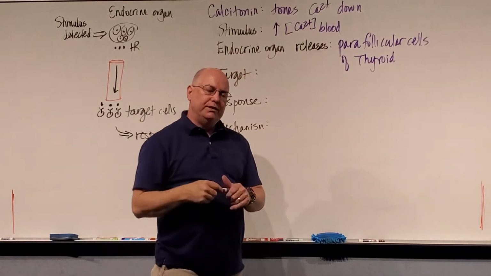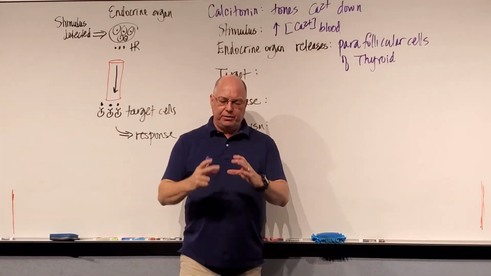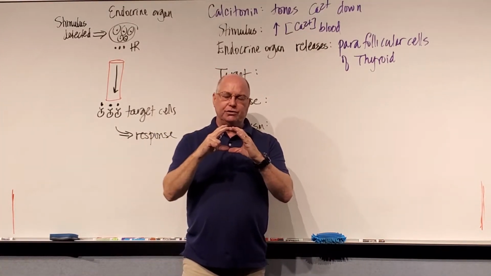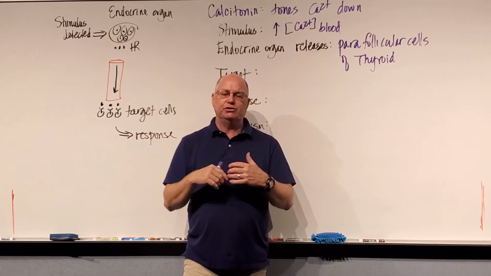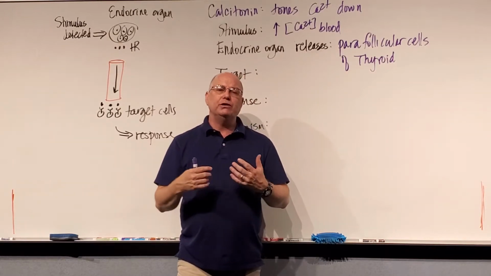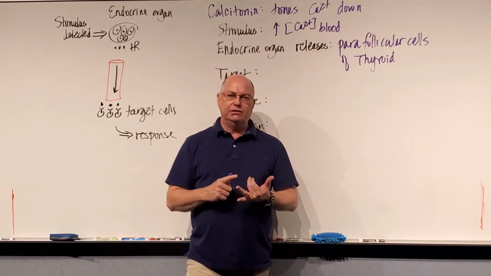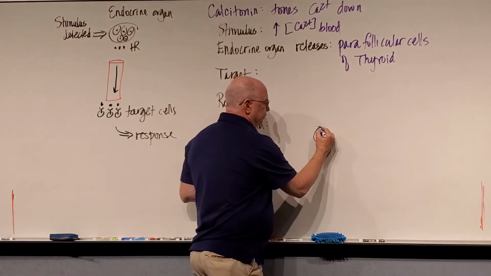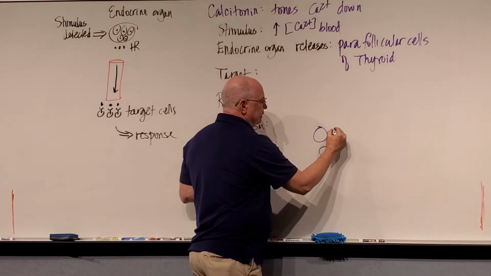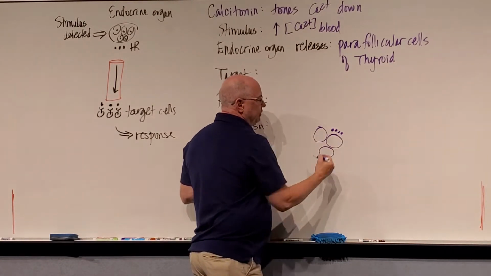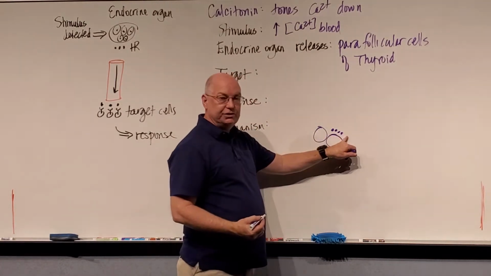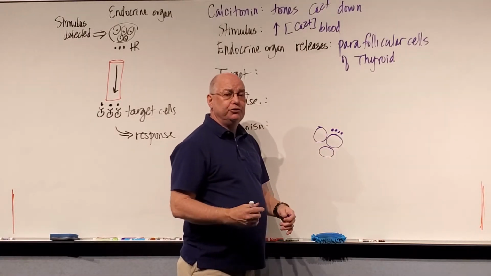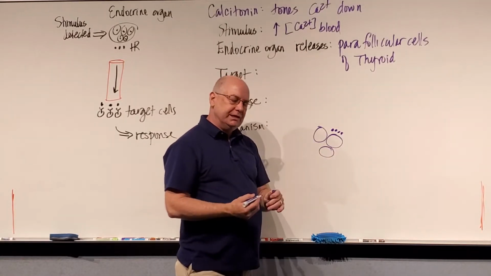So if you remember when we did the anatomy of the thyroid gland in lab, we had these little round bundles of tissue called thyroid follicles filled with a substance called colloid, where we stored the thyroid hormones, thyroxine, T3, T4. But if I look at all of those little thyroid follicles, occasionally there's some cells outside of those thyroid follicles called parafollicular cells, sometimes also referred to as C cells, like the letter C.